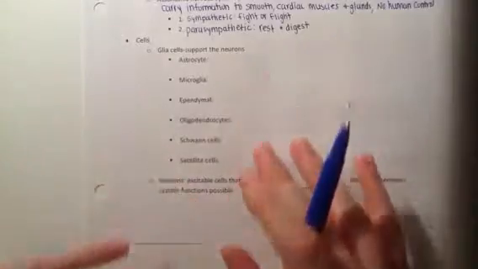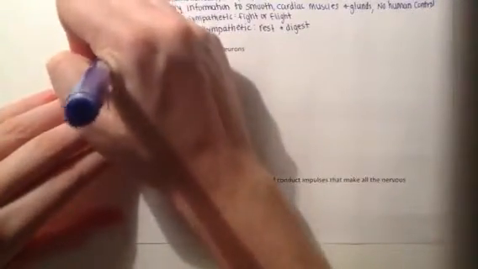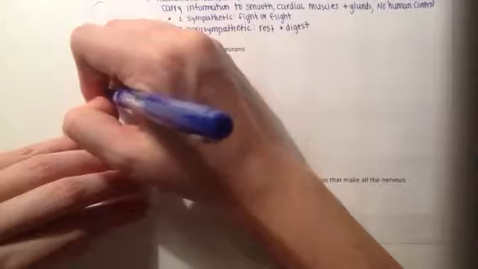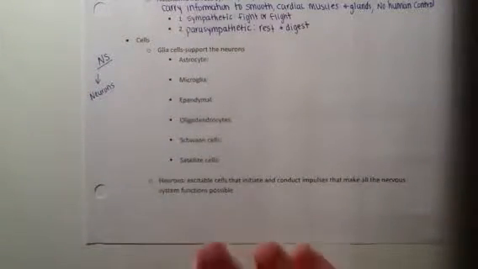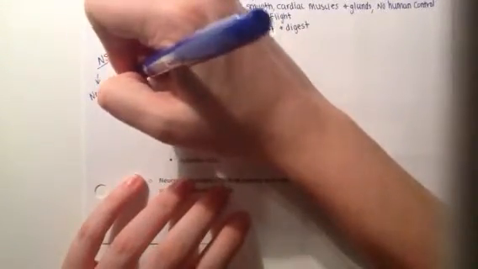When we talked about nervous tissue during our tissue unit, we split the nervous system up, this is my nervous system little flow chart here. We split it up into either neurons, which are the actual functional unit of the nervous system, that's the nervous system cells, and we split it up into supporting cells.